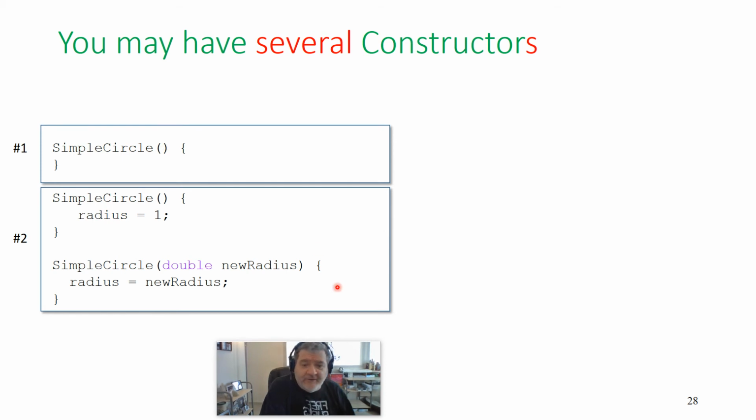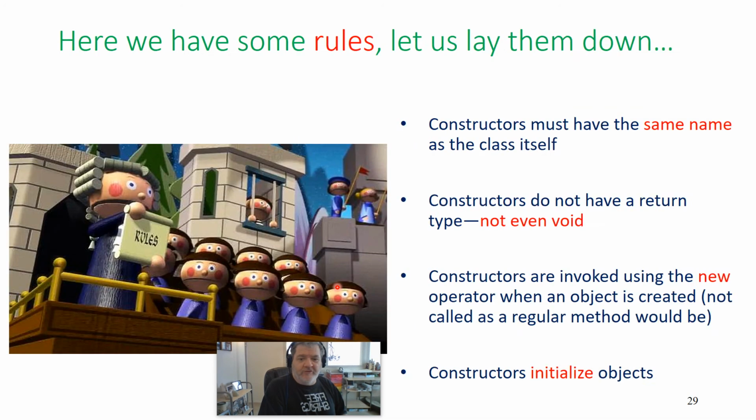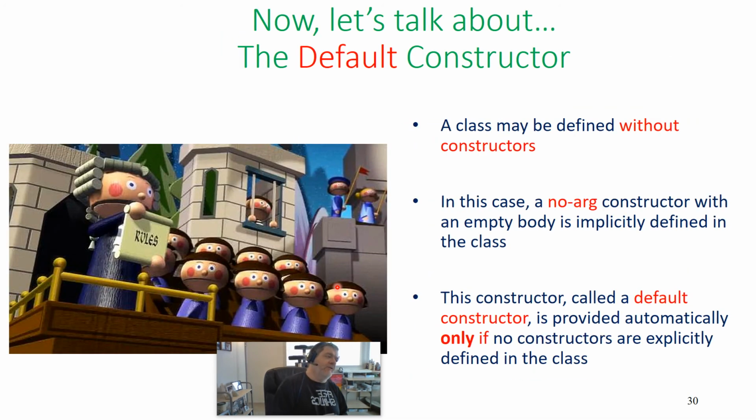The logic behind it, to make it easy to remember, is if you provide at least one constructor to your class, you take control. As a programmer, you tell Java, listen, I know you need a constructor, I'm going to give you one, and that's the only one you need. If you provide no constructor at all, then Java says, I need at least one, and inserts a default one. But Java is not going to pile up a default constructor on top of other constructors that you might have written already for your class.